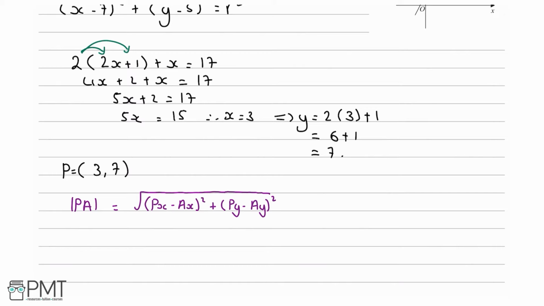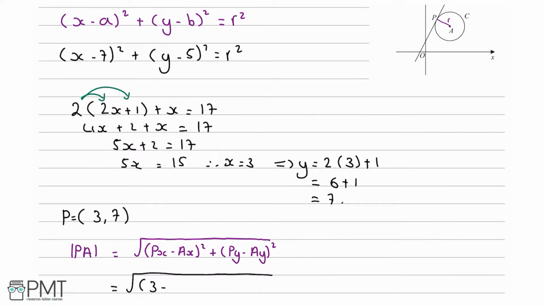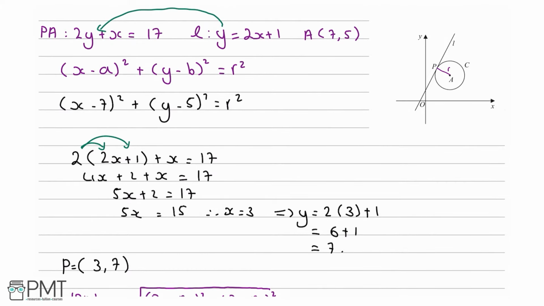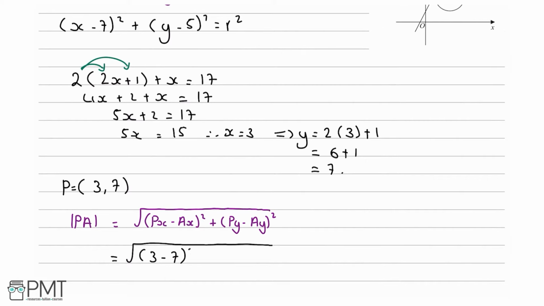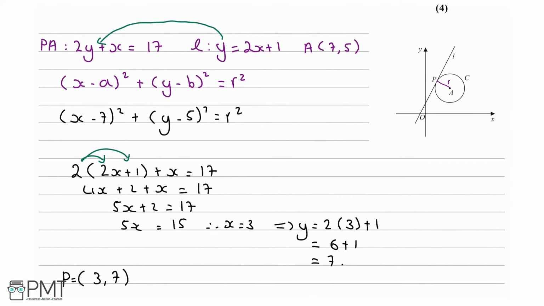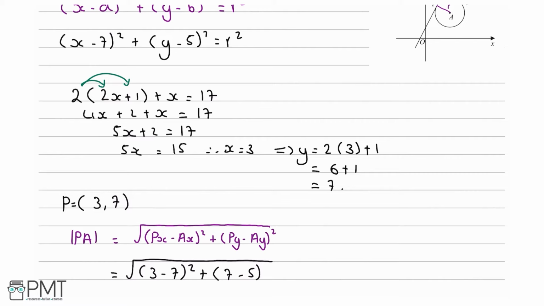Okay, so this is just a more elaborate version of the Pythagoras theorem. So let's put our values in and solve this. Px is 3 minus, now ax, if we come back to the top, we see is 7. So it is (3 minus 7) squared plus, now py is 7 and ay is 5, squared.